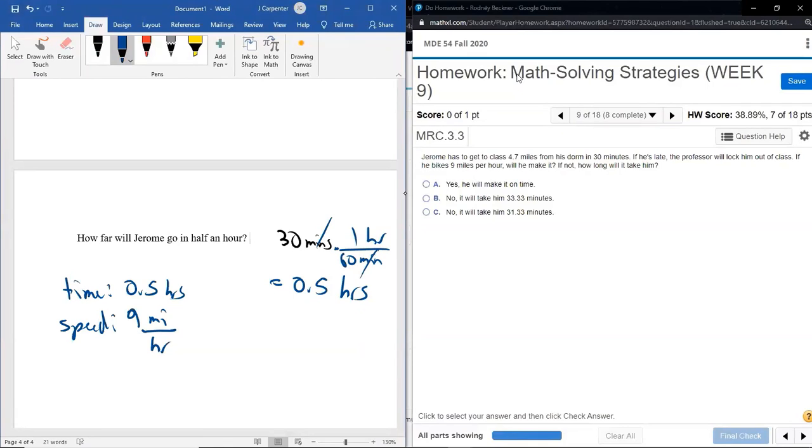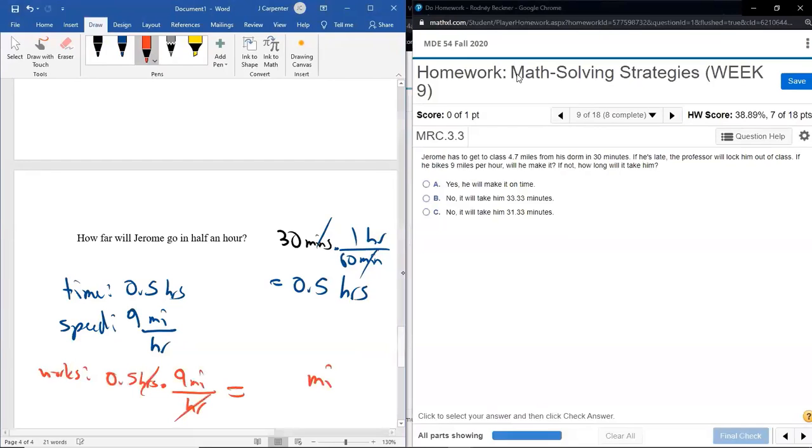Now, there's a couple different ways you could try and do this. If you try and divide them, it's going to be wacky no matter which way you do this. So I'm going to skip the ones that don't work. The one that works is not doing time divided by speed or speed divided by time. It's if I multiply these two things. So if you take your 0.5 hours and you multiply it by your 9 miles per hour, your hours units cancel.